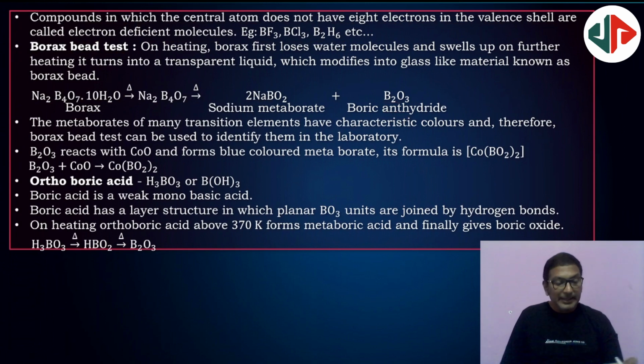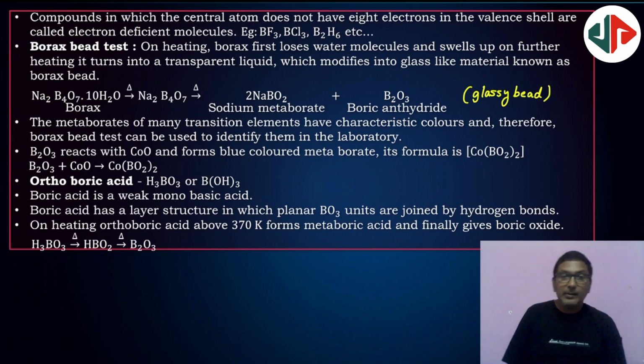This gives a glassy mass or glassy bead. This mixture can react with transition element oxides to give characteristic colours. Therefore the borax bead test is useful for detection of transition metal ions.